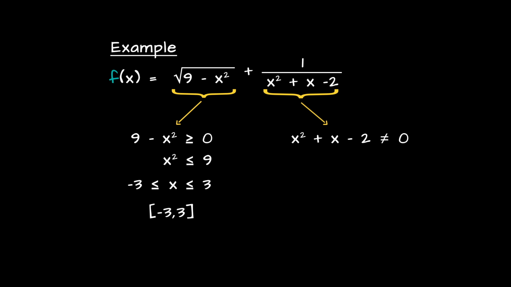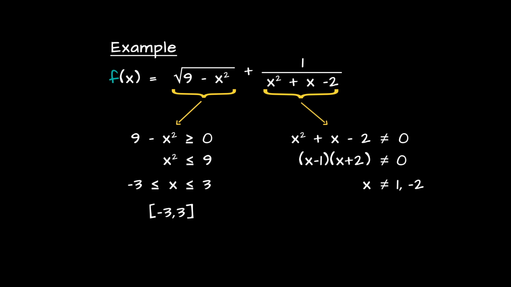So the quadratic expression on the left-hand side factors as x minus 1 times x plus 2, and we need that to not be equal to 0. Well, we could see immediately that it is equal to 0 exactly when x is 1 or negative 2.